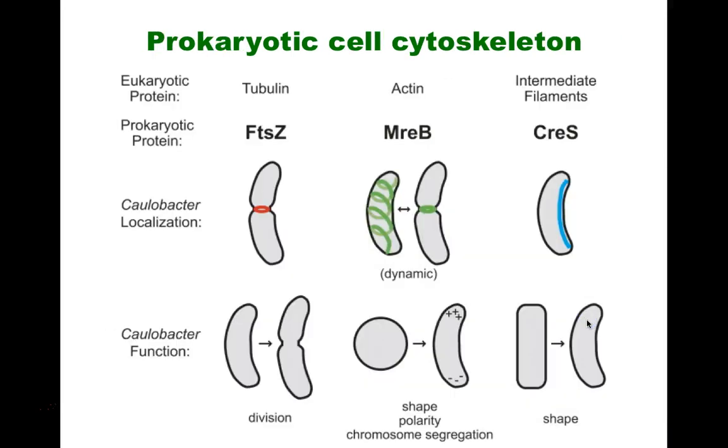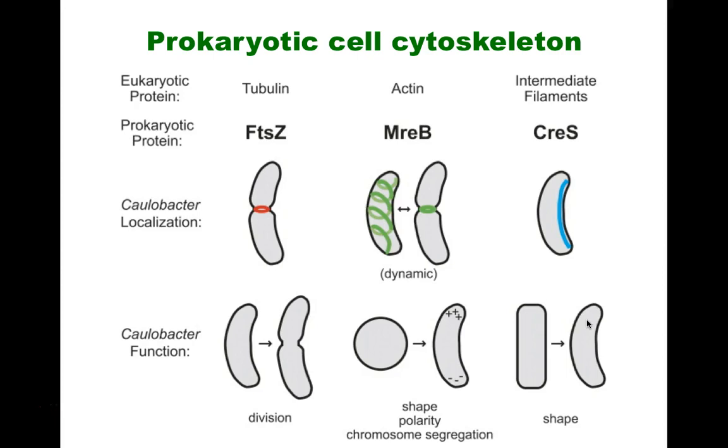For the cytoskeleton of a prokaryotic cell, as scientists are looking more and more, they're finding different types of cytoskeletal structures. Again, made by tubulin material, actin, or intermediate filaments. The tubulin material might be used in a type of cell division, where we have to split or separate 2 individual cells.